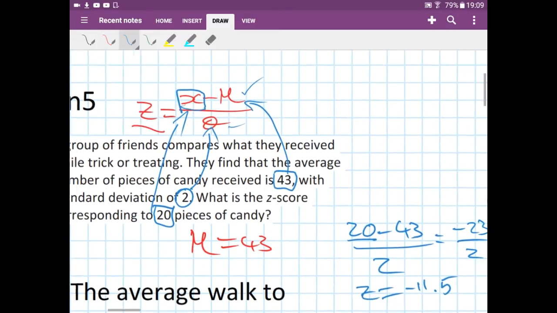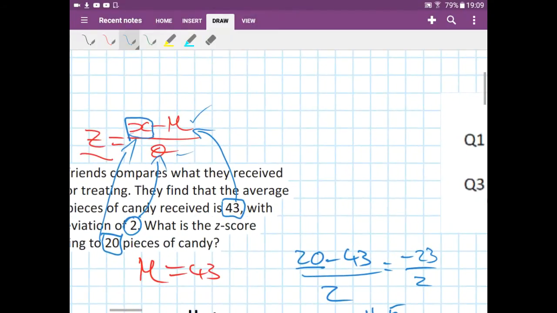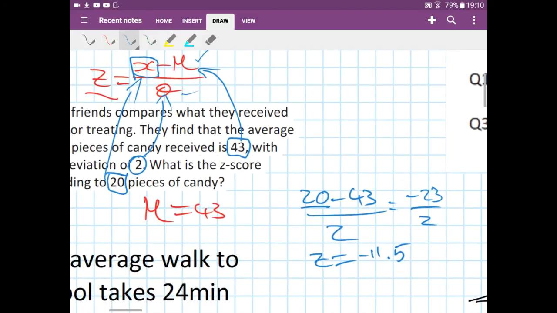And that's all just been written over here. So hopefully you'll agree with me that 20 minus 43 gives me negative 23. And the standard deviation is 2, so I've just divided that by 2, and that gives me negative 11.5. Too easy. So that gives me my z value.